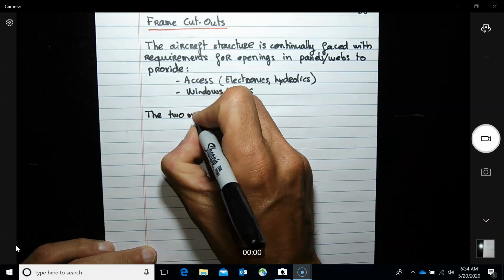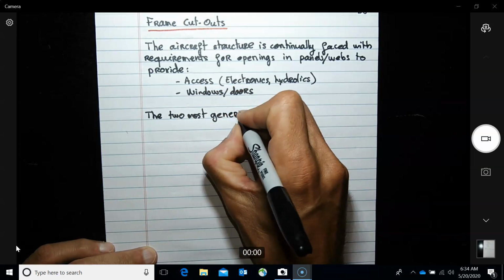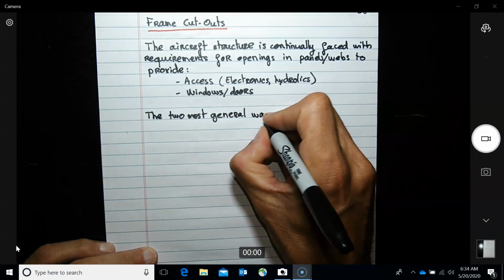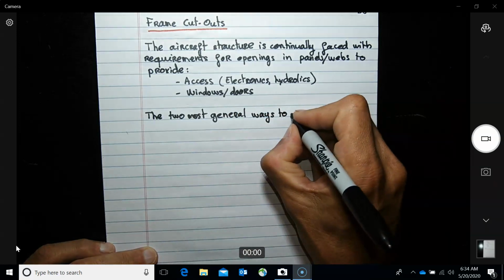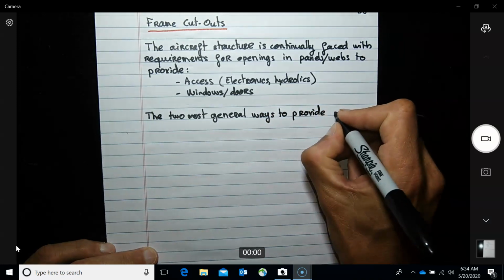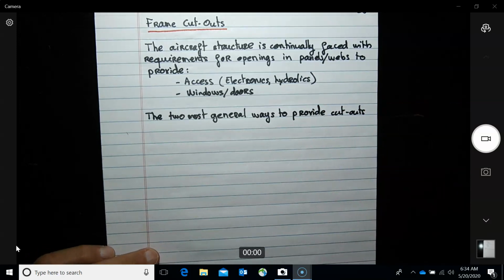The two most general ways to provide cutouts would be what?